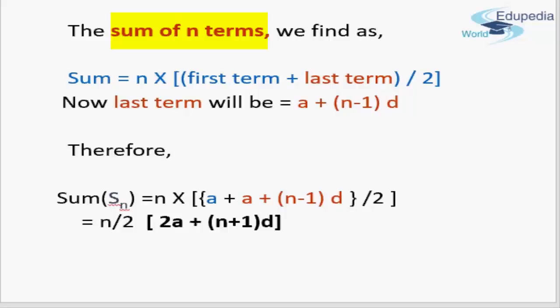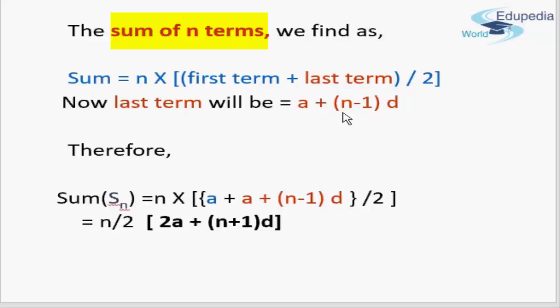The way we do this is that we use this formula over here. Sum is equal to, this is not x, this is actually a multiplication sign. n is the number of terms and it is being multiplied by the sum of the first term and the last term. We know that this formula can be used to find out the last term of the series.